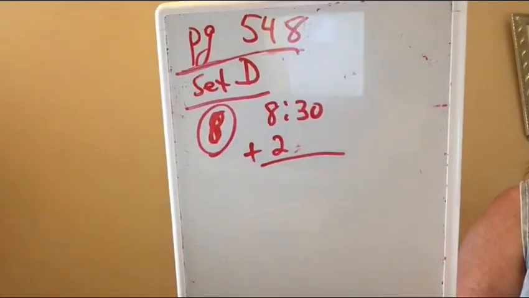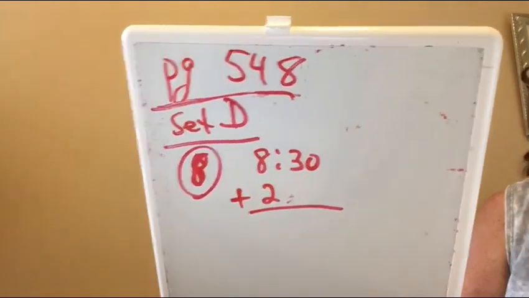What activity starts 2 hours after reading? Well, look on the chart. The chart says reading starts at 8:30. If reading starts at 8:30 and we want to find out what activity starts 2 hours after reading, we want to add 2 hours to 8:30.